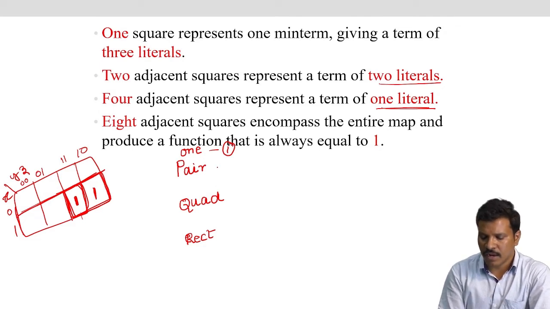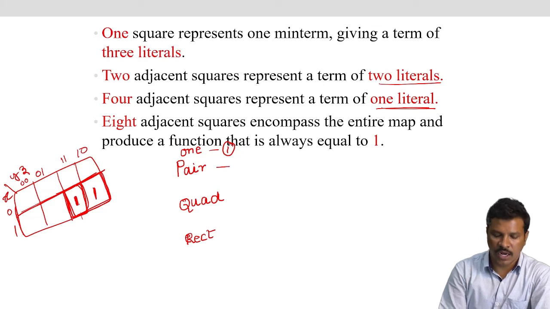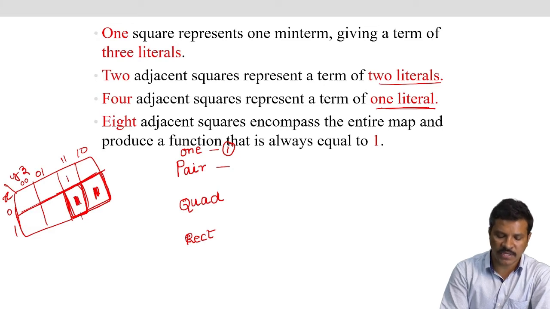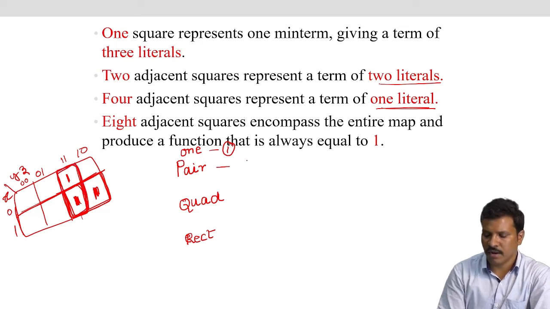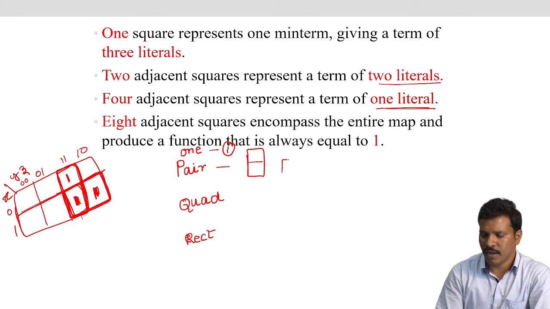But in a pair, the pair may be in horizontal, one beside another, or it will be one beside another in vertical mode. So in the vertical direction, we take these two boxes, and call it a pair in this fashion, and we can also take the pair in this fashion.